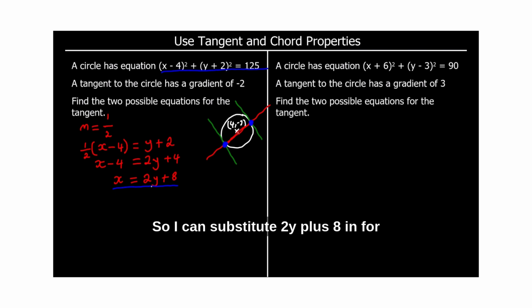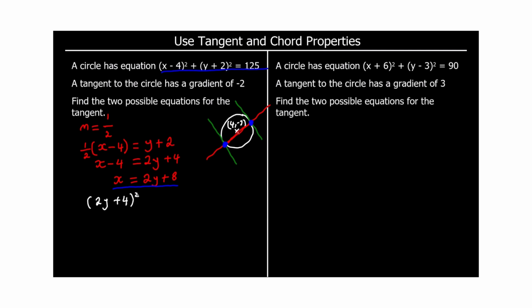So I can substitute 2y plus 8 in for x. So that will give me 2y plus 8 minus 4. So 2y plus 4 squared plus y plus 2 squared equals 125.